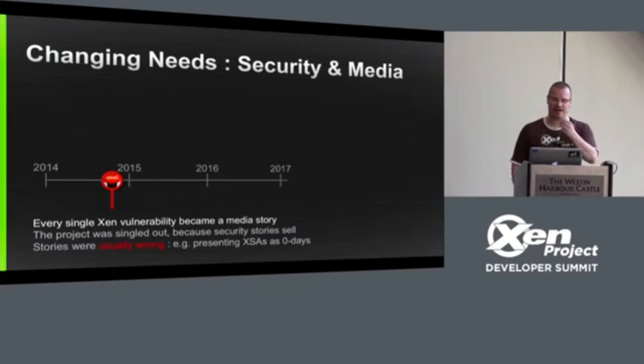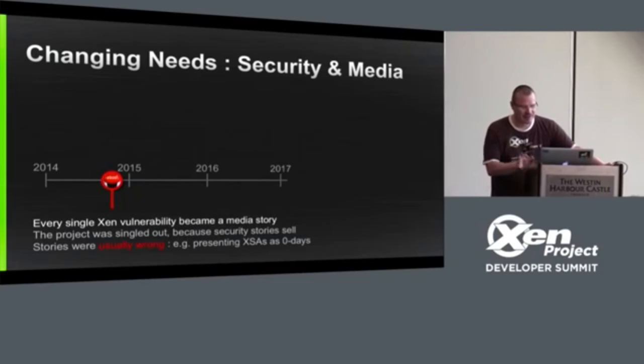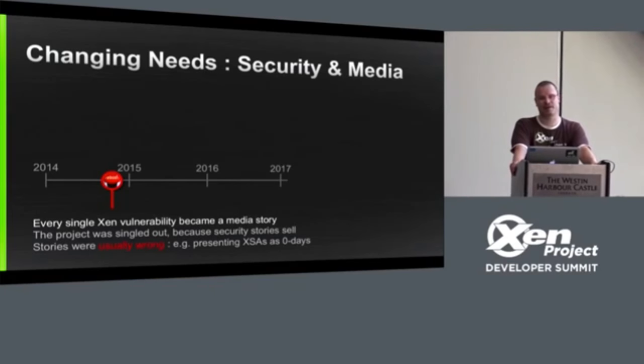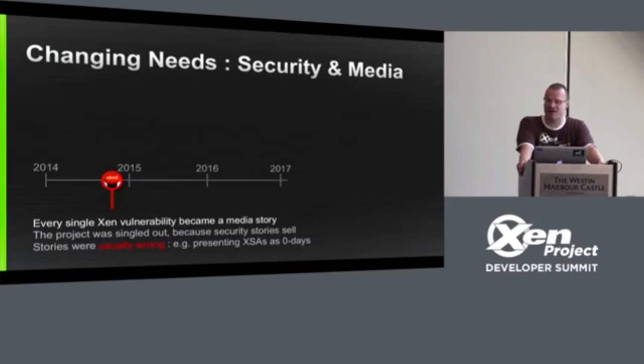Now, one of the side effects of that cloud reboot was that fundamentally since then, every single Xen vulnerability became a big media story. And the thing is, I don't entirely understand why we get singled out compared to other projects.